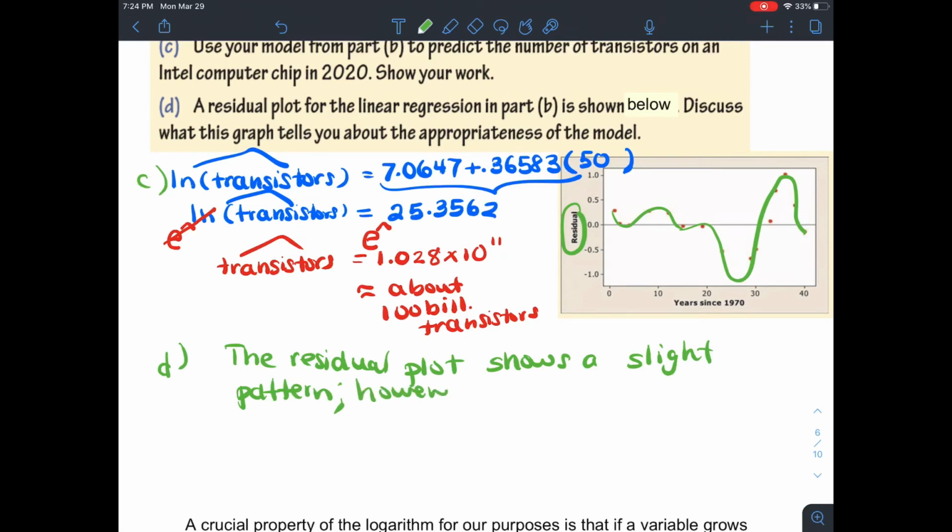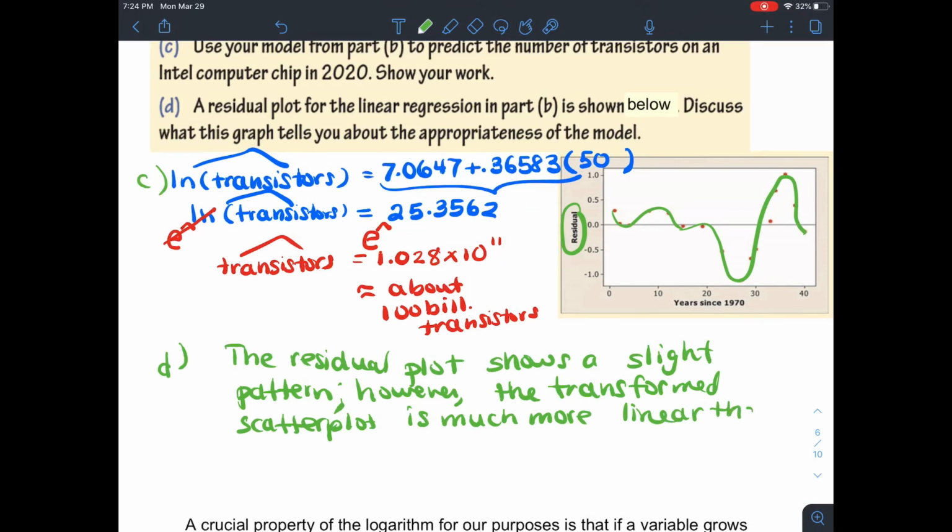However, the transformed scatter plot is much more linear than the original scatter plot.